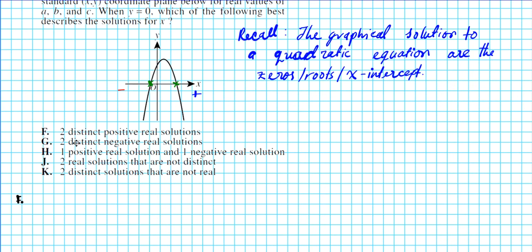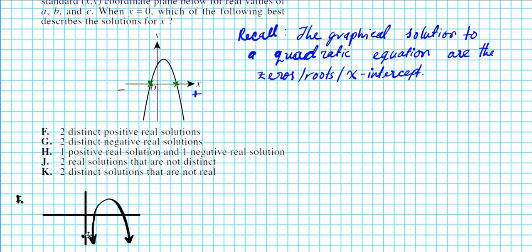If you have two distinct positive real solutions, what will that look like? If you have two distinct positive solutions, what's going to happen is that you have two intercepts that are to the right of your y-axis. So it's going to look something like that.